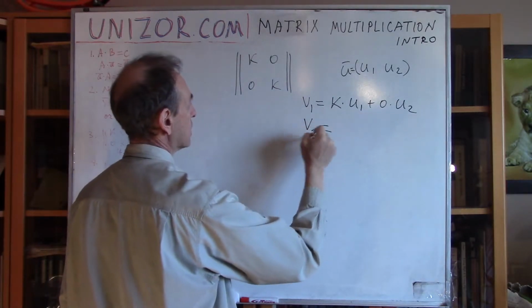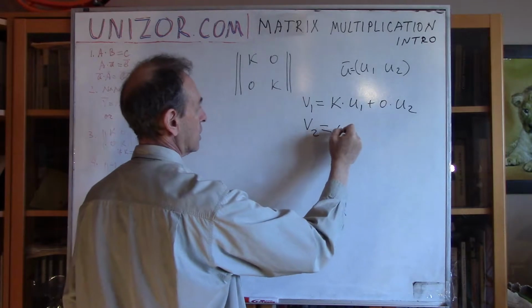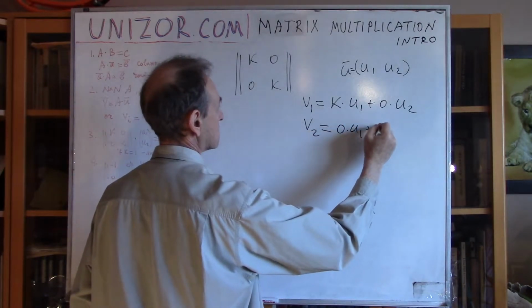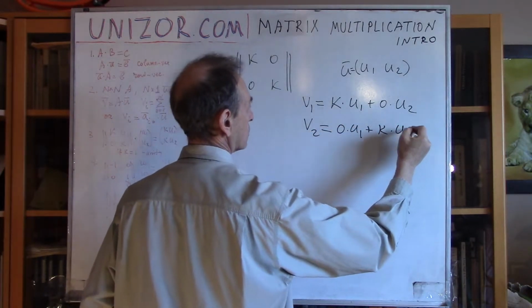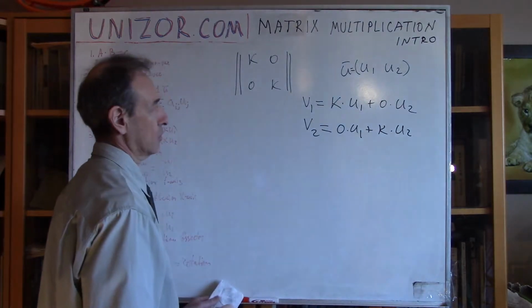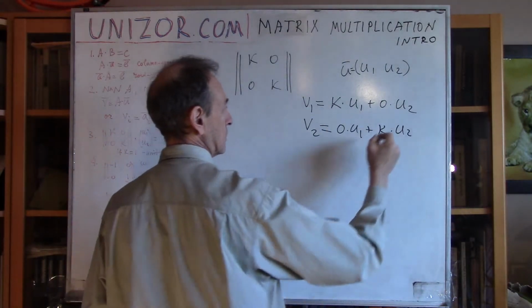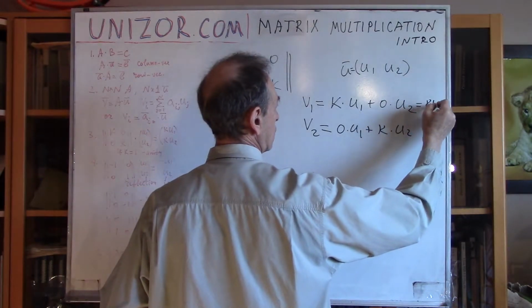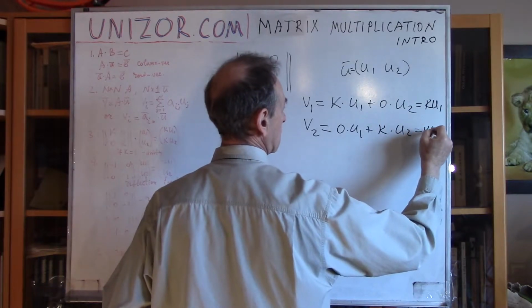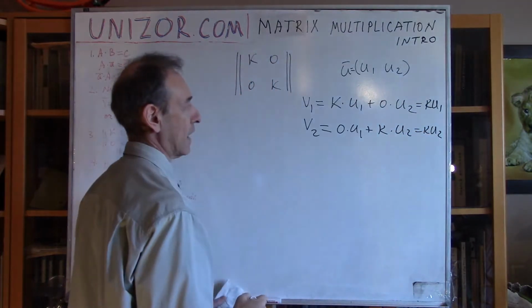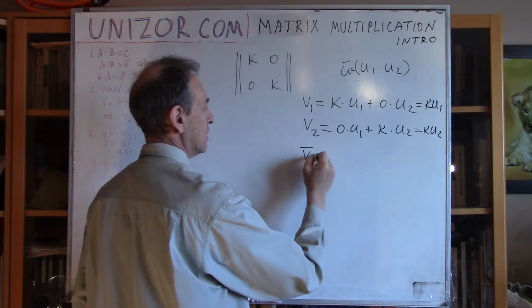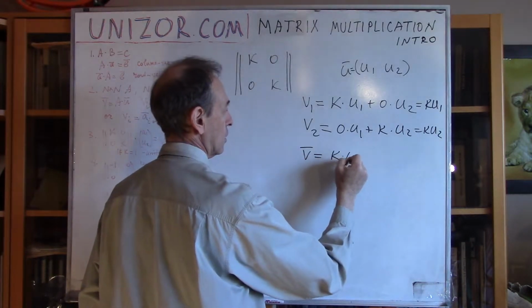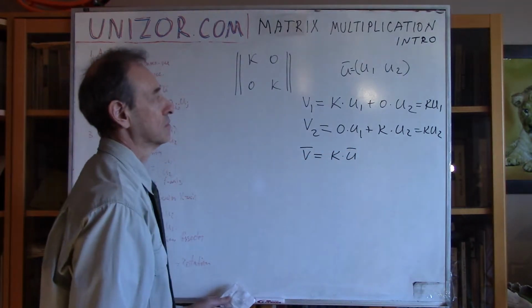Now v2 is equal to the second row, 0 times u1 plus k times u2. So this is equal to k u1, this is equal to k u2, and what do we have now? We have that the vector v is equal to k times vector u, right?